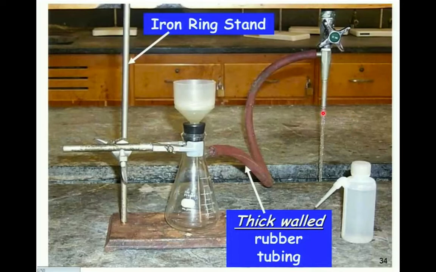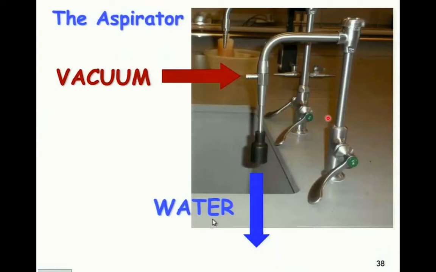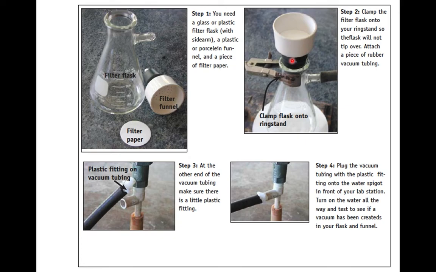We no longer need to use these water aspirators, and either me or your TA can show you how to hook up to the aspirator. But you want to hook up your vacuum filter flask, trap, and hook that into the wall. It will look similar to this, but it will have a knob here. It'll be on the inside of your hood. We're no longer using the water aspirator.